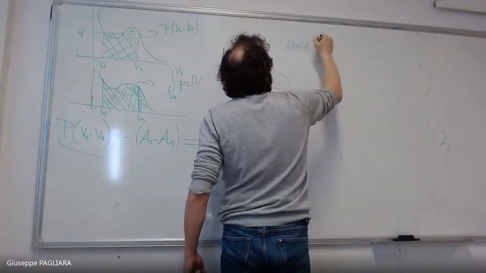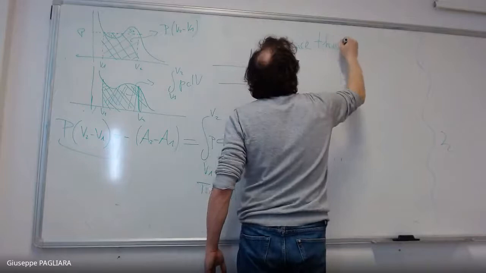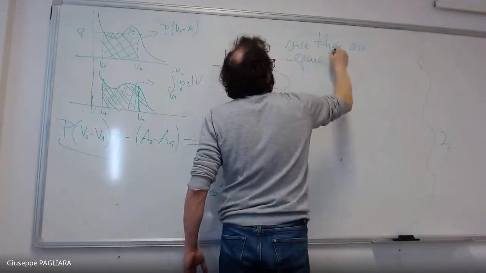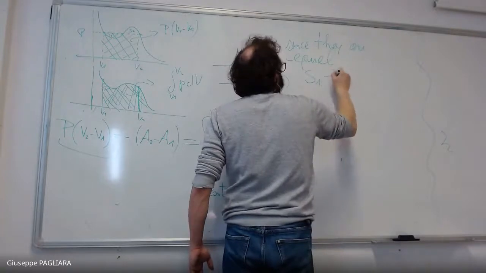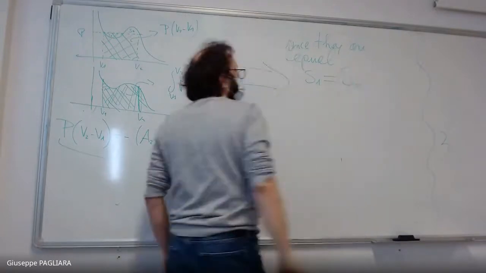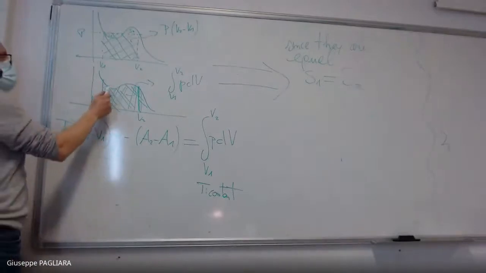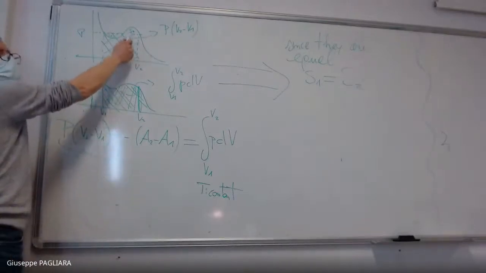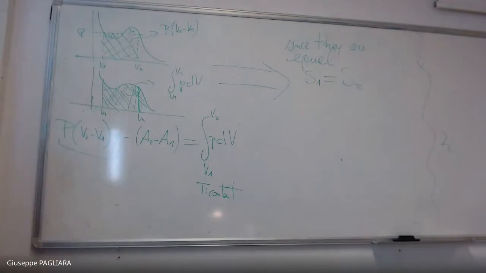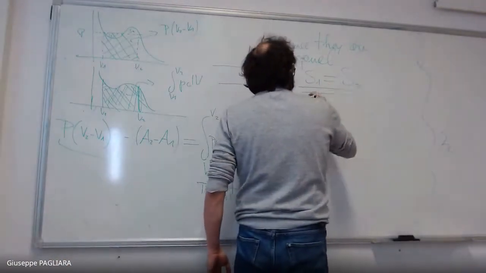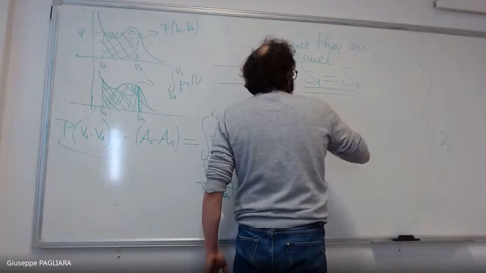Because here S1 is missing, whereas here S2 is missing. So this is the so-called Maxwell construction. It's a graphical construction.